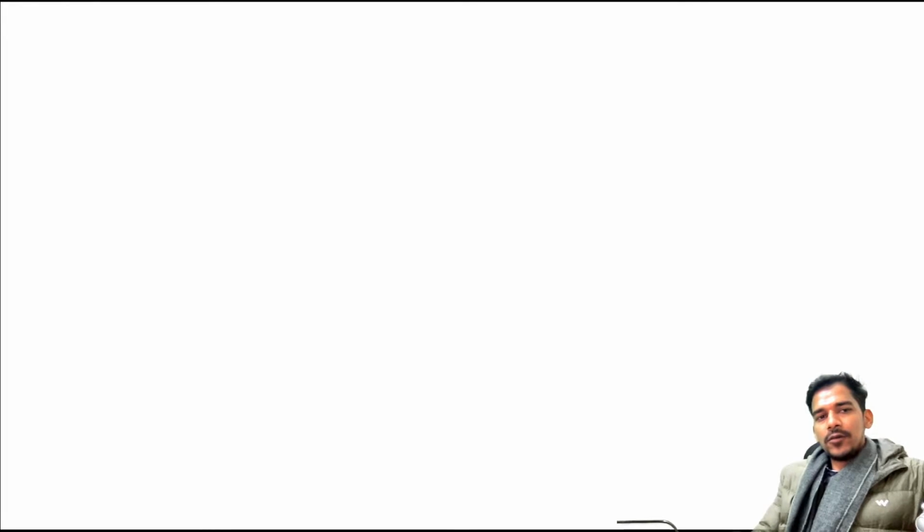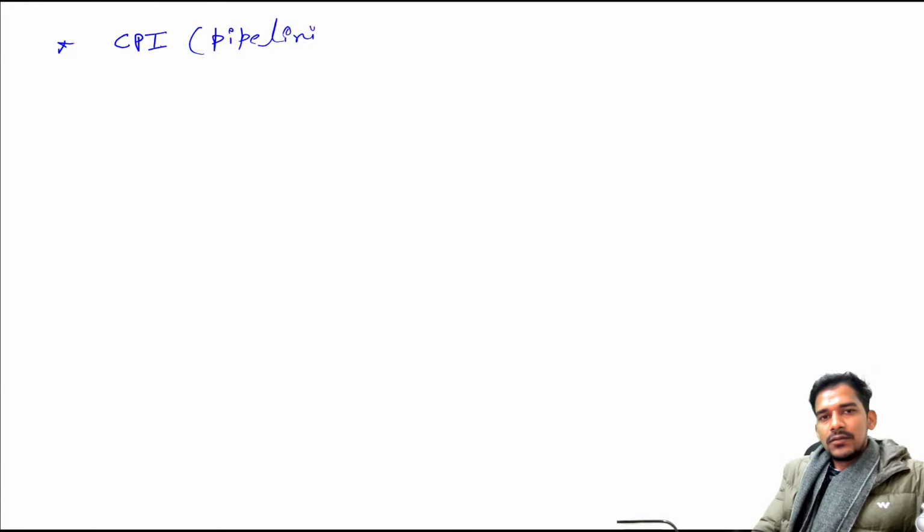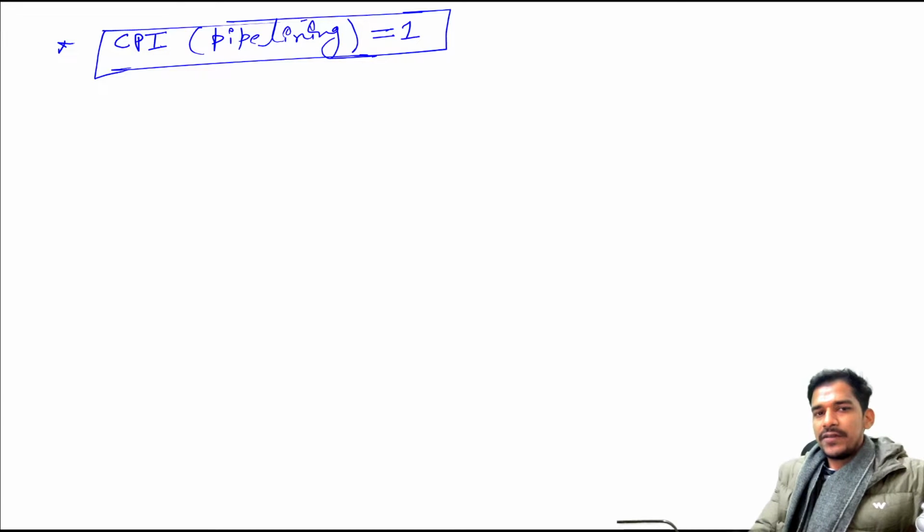So let us write it down. CPI of pipelining is always 1. That means the number of cycles taken per instruction in case of pipelining will be always 1.